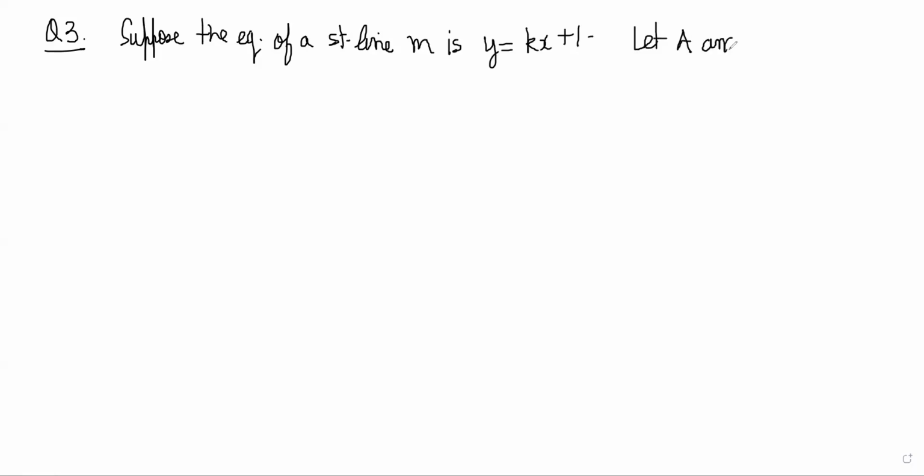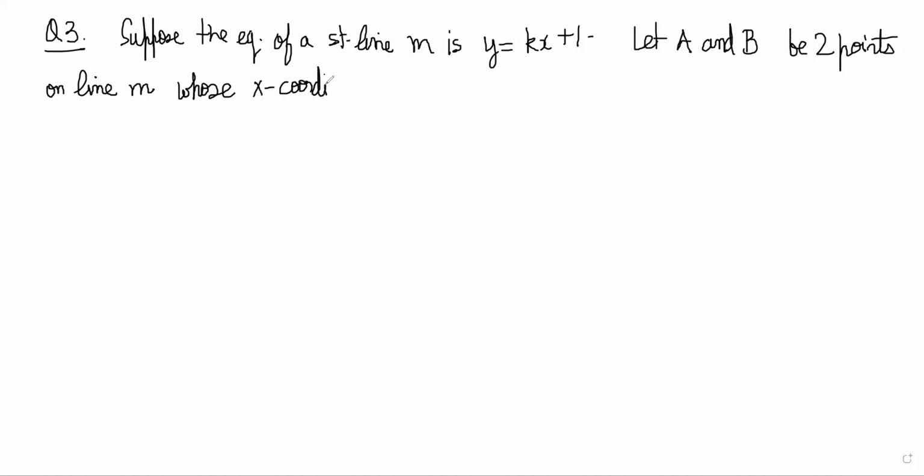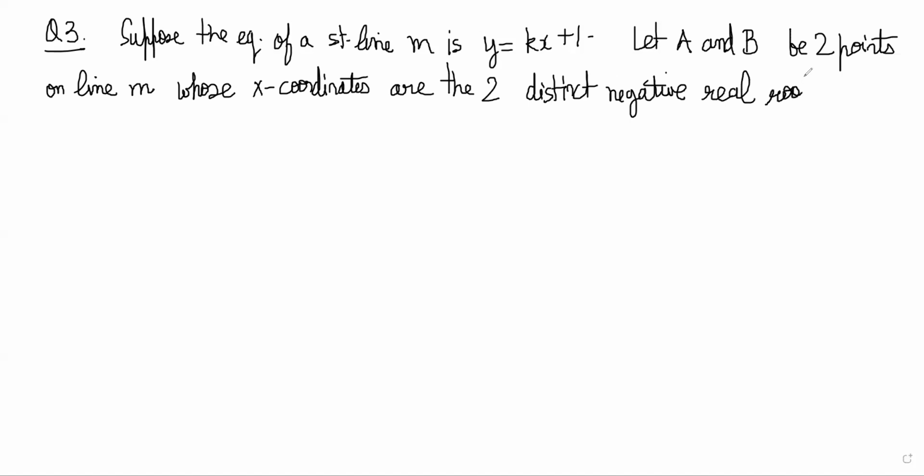Let A and B be 2 points on line M whose x coordinates are the two distinct negative real roots of the equation (1 - k²)x² - 2kx - 2 = 0.